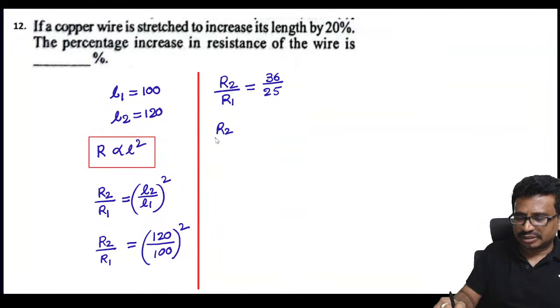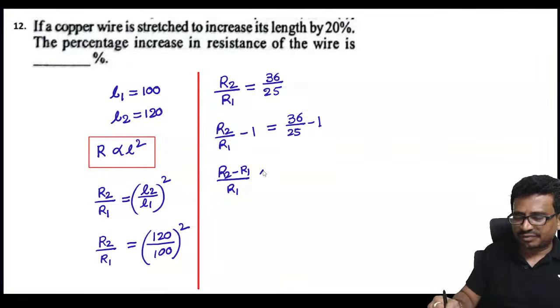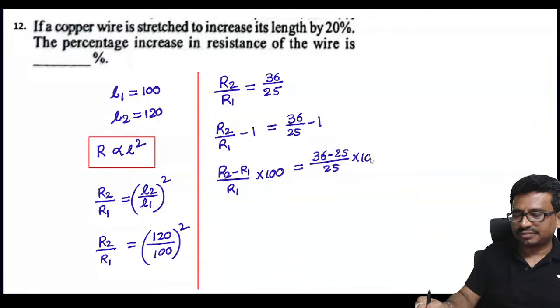Now I can say R2 by R1 minus 1 if I do on both sides, 36 by 25 minus 1. Now it becomes (R2 minus R1) by R1 into 100, which will be 36 minus 25 by 25 into 100.